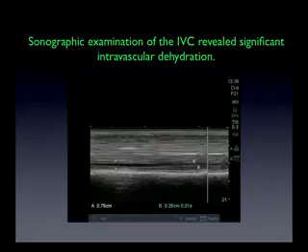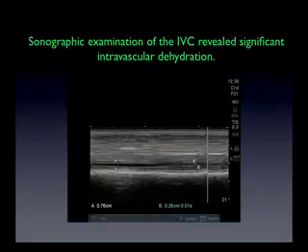Significant or severe dehydration typically has an inferior vena cava diameter of 1.5 centimeters or less. Clearly, the inferior vena cava seems to indicate this patient is behind in his fluids.